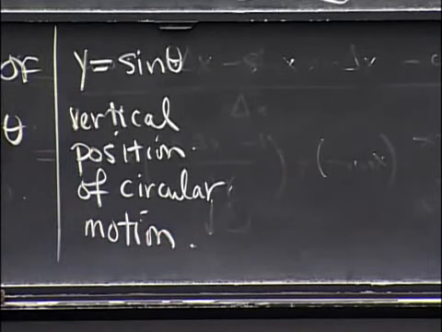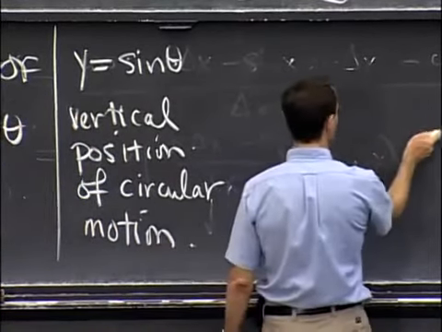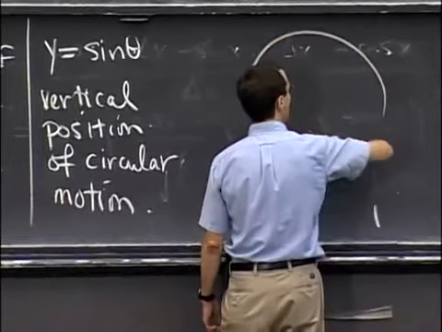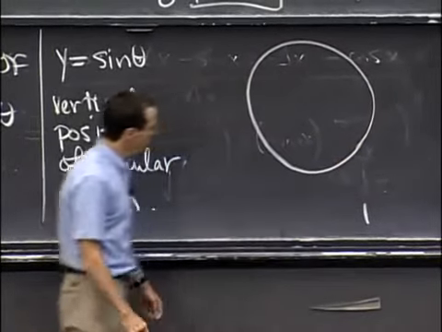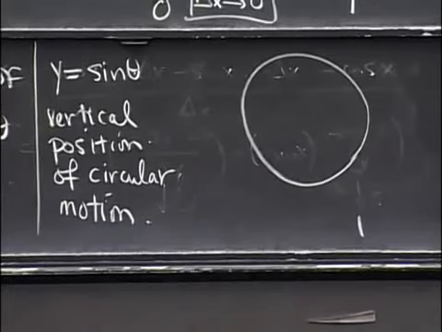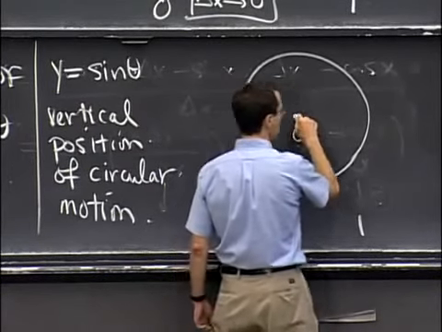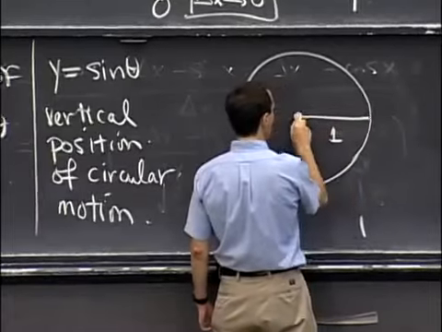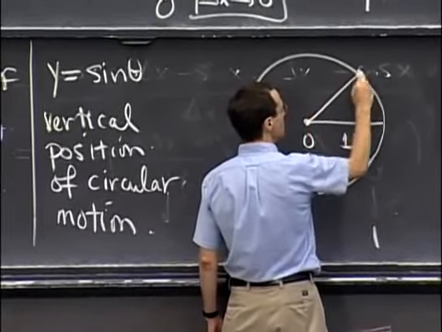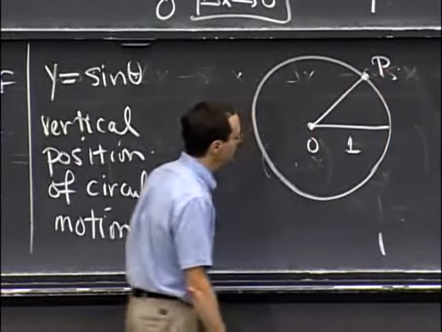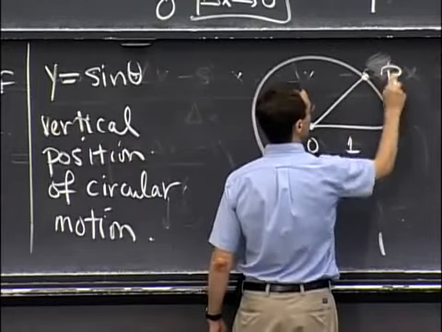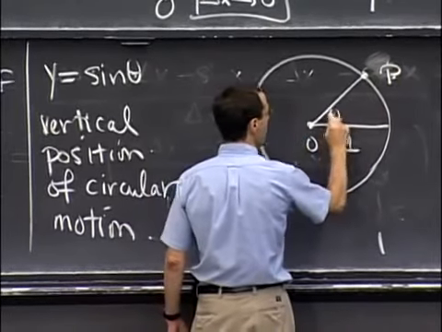So I'm imagining that something is going around in a circle, some particle going around in a circle. So here's the circle, here's the origin, this is the unit distance, and right now it happens to be at this location P. Maybe we'll put P a little over here. And here's the angle theta.